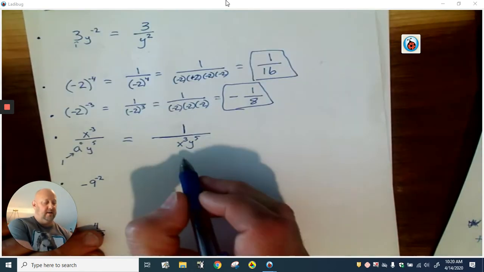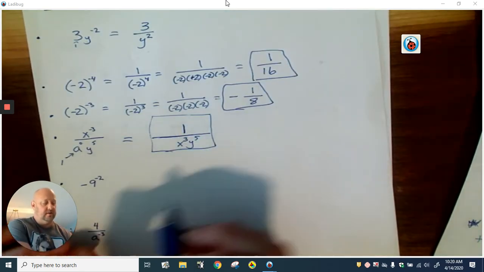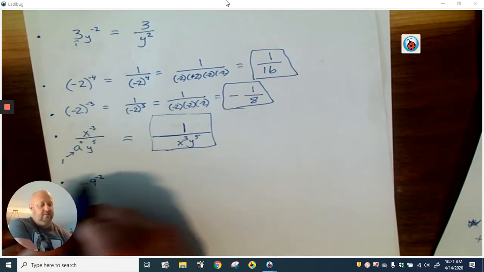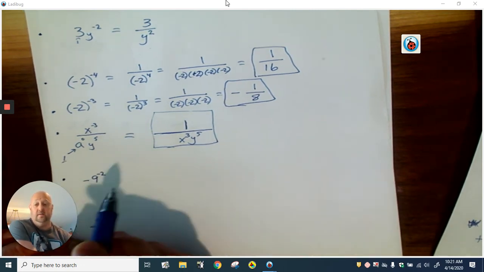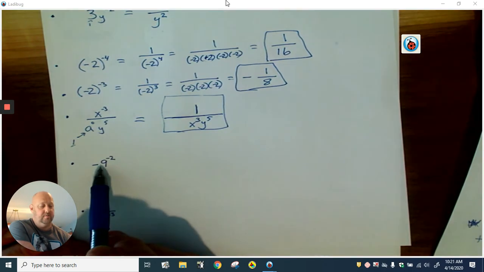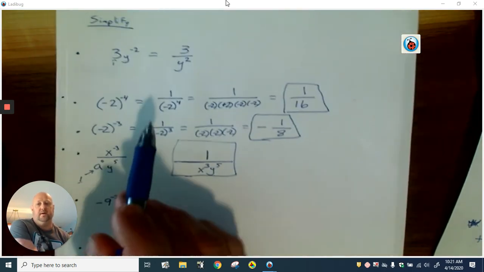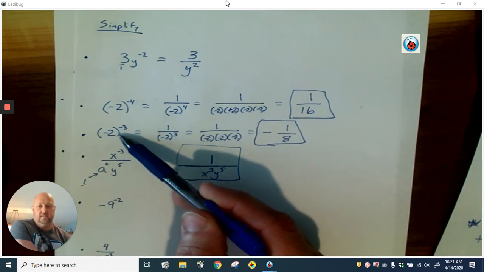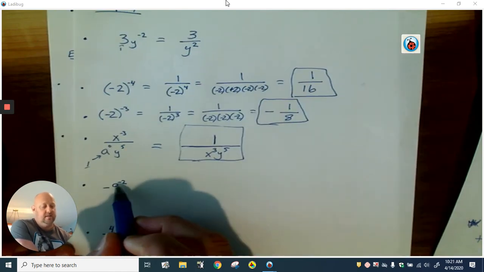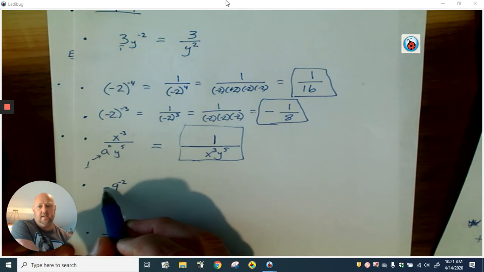So that would be your final answer for that one. Now, remember a couple chapters ago when we talked about exponents, this is much different than the problem we did before up here with the parentheses, okay? Because this -2 is not attached to that negative, okay?